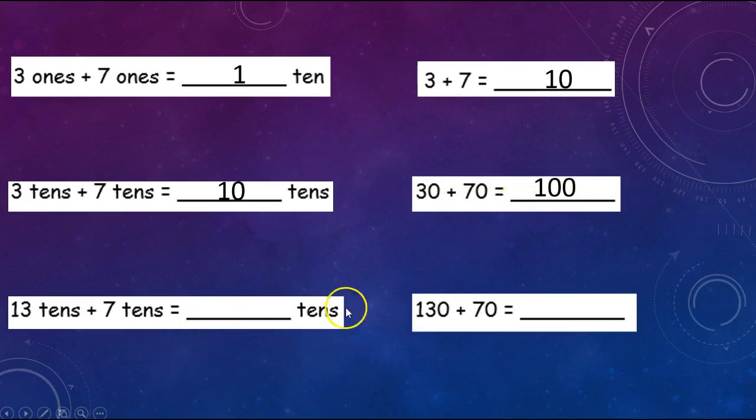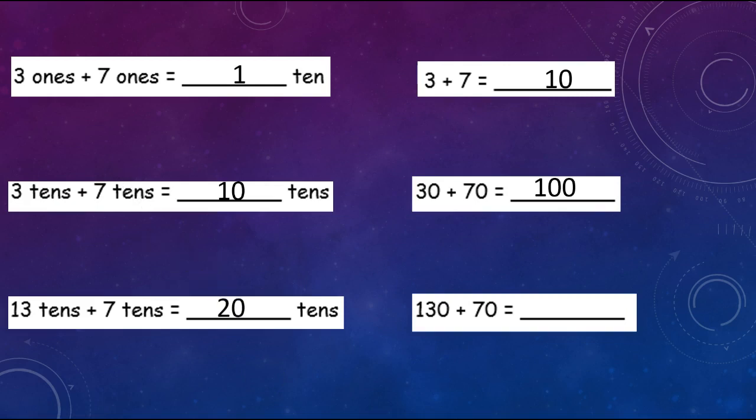Now look at this one down here. I told you to pause on that one because we're going to do this together. Now we had 13 and we needed to add 7 more tens to it. So let's start at 13 and add 7 more tens to see how many tens we have. So 13, 14, 15, 16, 17, 18, 19, 20.